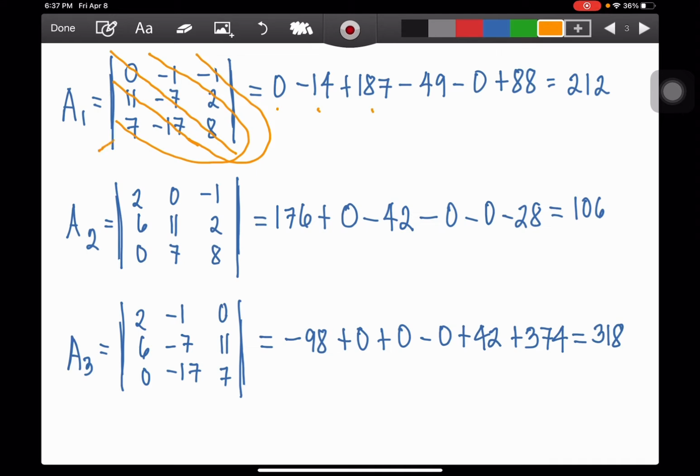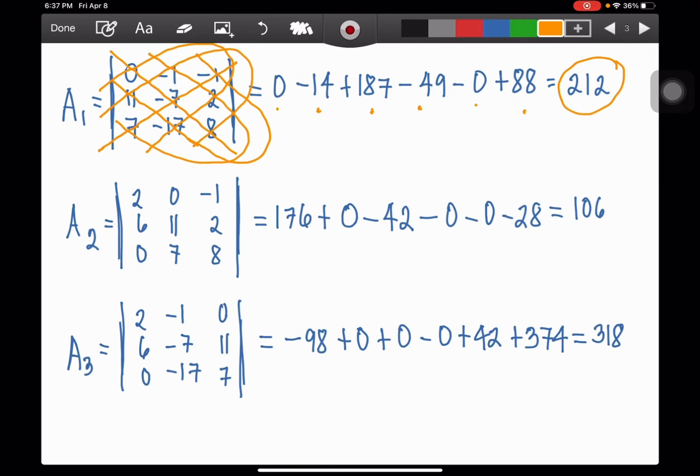Then negative 7 times negative 1 is negative 49. 11 times negative 1 times 8 is 88. And 0 times negative 17 times 2 is 0. So we have the sum, which is 212. So that's the determinant of matrix A sub 1.